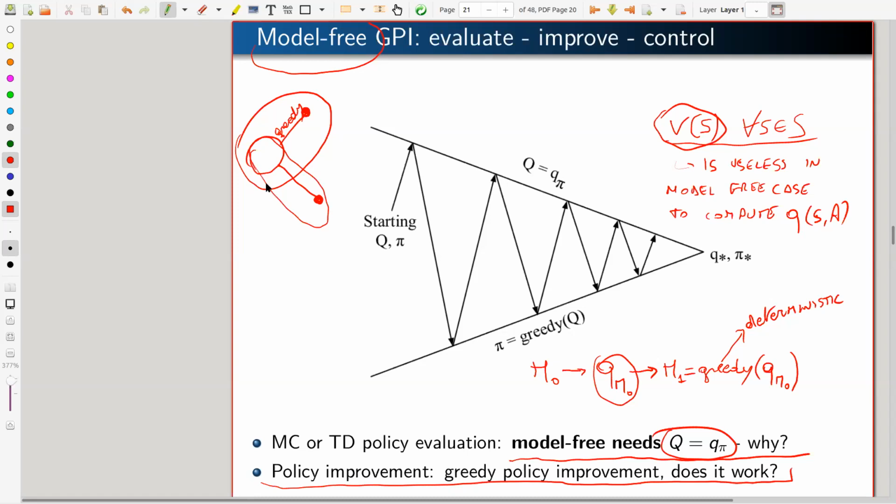And so the method cannot work, because you are saying, okay, this is the best action I can do, but you don't know anything about the other action. So it's very unlikely that what you're saying is giving you the true value. Okay, so in general, when you are in the model-free case, you can't be deterministic.